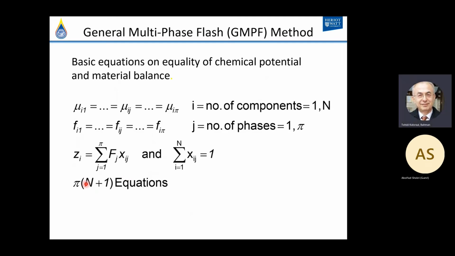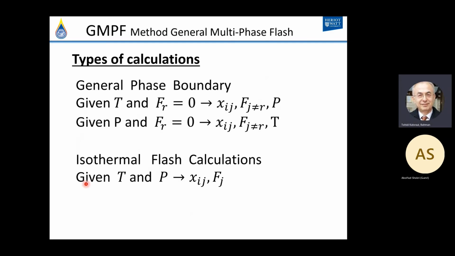And now we can solve these equations in two approaches. One is that we can fix temperature and find the pressure of hydrate formation. So we say, okay, 5 degrees, what is the hydrate formation pressure? We find it. Another option is to fix pressure and find the temperature that forms hydrate.